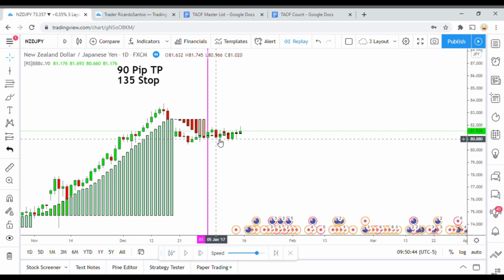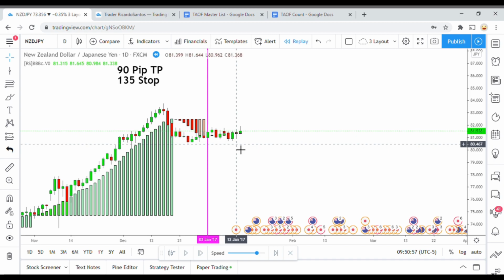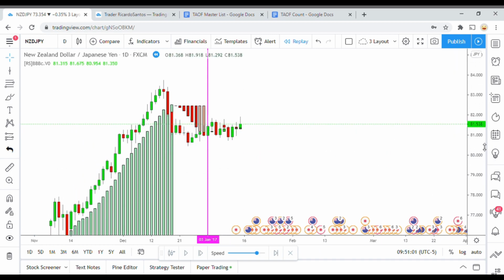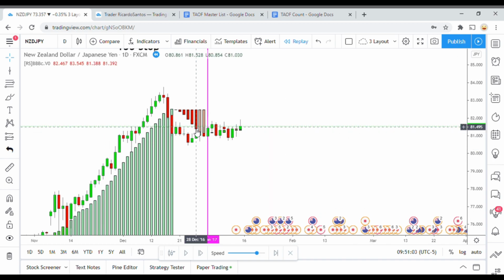All right, let's see here. So it picks up a long signal over here. Then moving along, it does not appear as though it ever flips to the upside. It stays underneath price action or in price action.